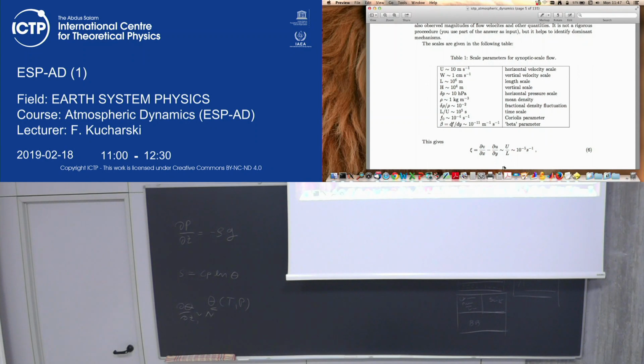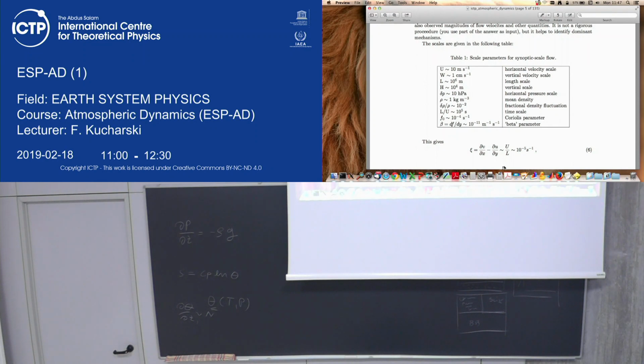The length scale is something we have seen already. The cyclone scale, thousands of kilometers, let's say 1,000 kilometers. Vertical is easier. We can say the height of the tropopause will give us a good indication of where, to a first degree, we want to stop our analysis. Although, in reality, that's not the case.